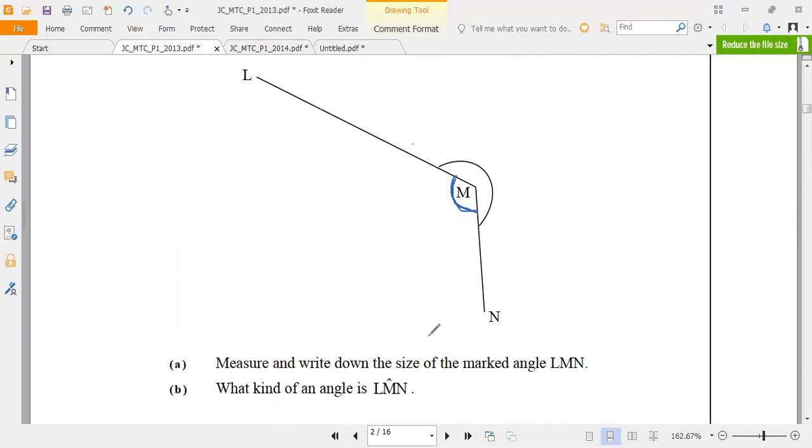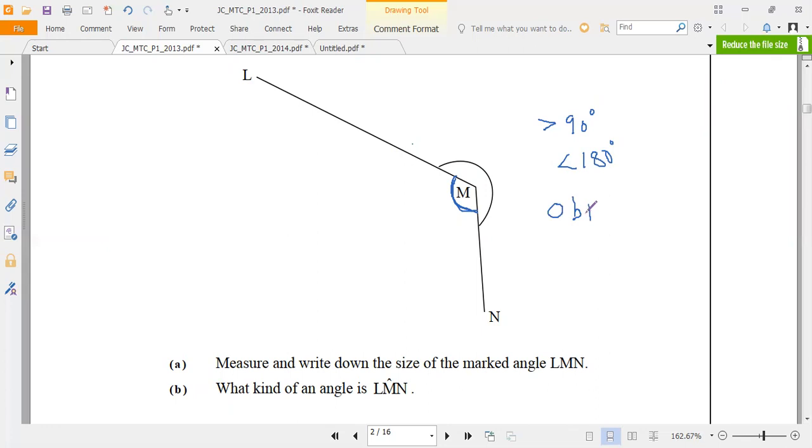What kind of an angle is LMN? You notice that this angle, LMN, is greater than 90 degrees, but it is less than 180 degrees. Angles that are in this range between 90 and 180 degrees are what we call obtuse angles.